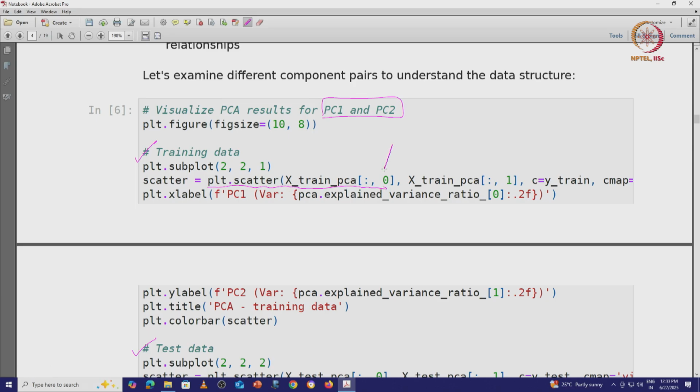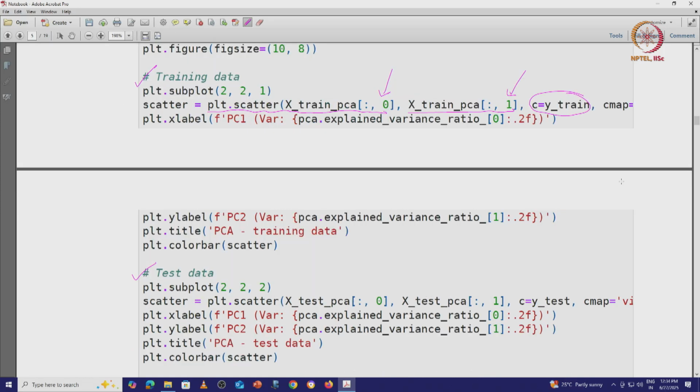So 0 is the first component and 1 is the second component. Remember, in Python the indexing of arrays starts from 0, and that's why 0 is the first component and 1 is the second component. I am using the already known y values, the type of the flower, to show the colors, but in reality you may or may not know this.